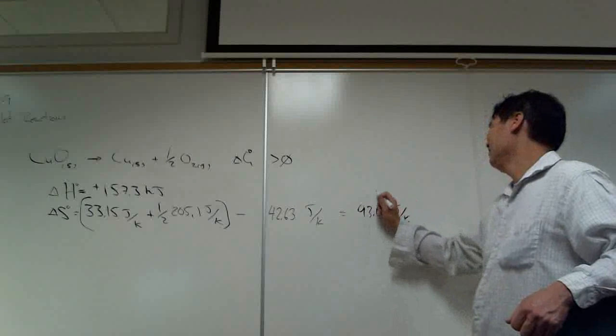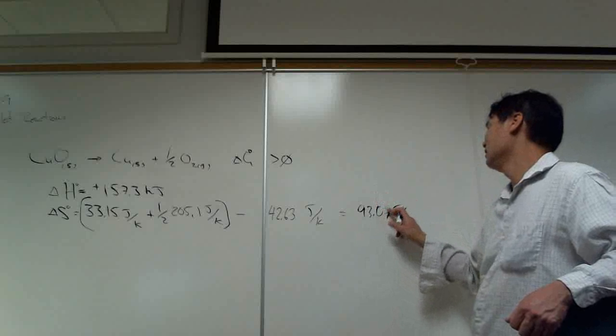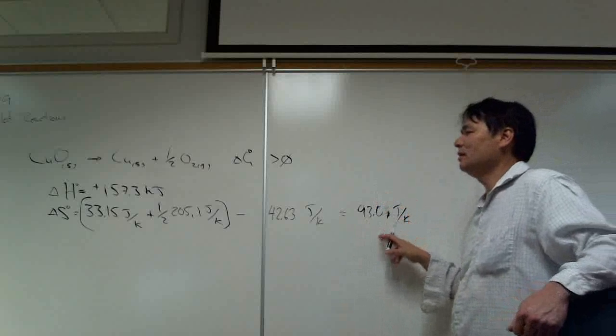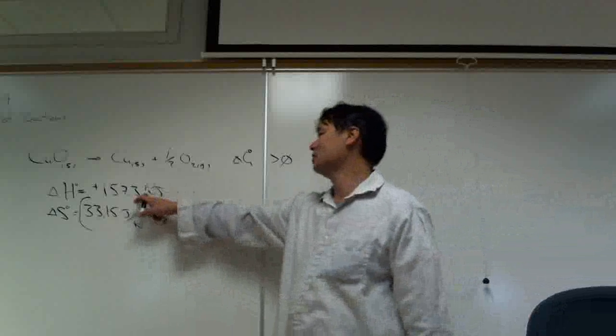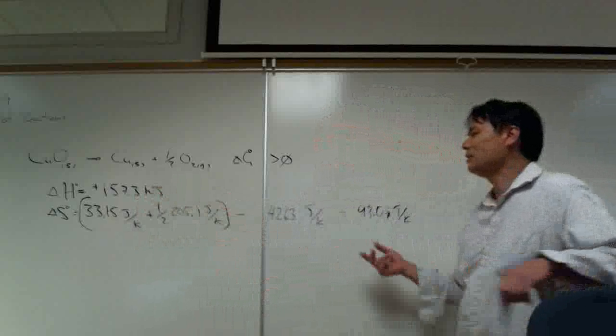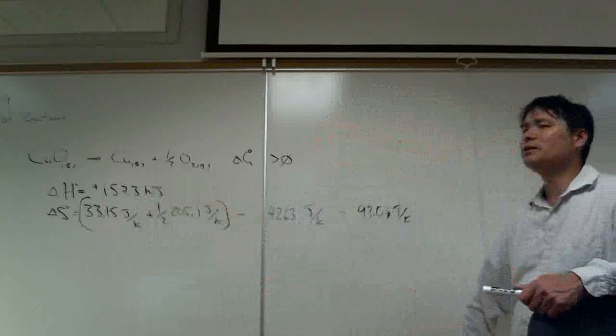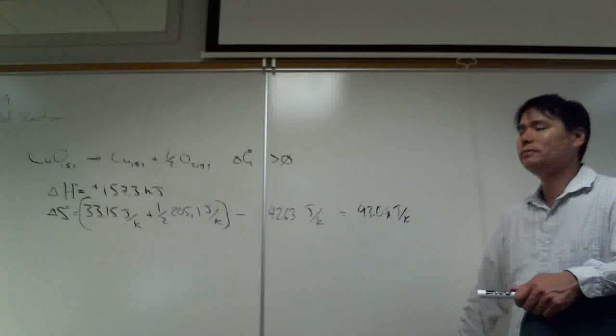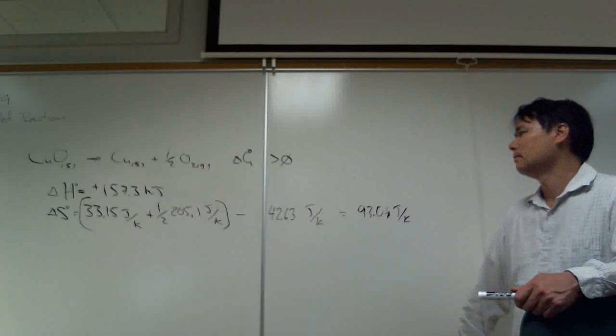This is good. Entropy is increasing, but enthalpy is increasing too. So this is bad, this is good. And so what we can do is make the entropy term more dominant by changing the temperature.